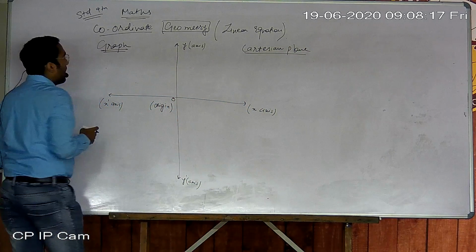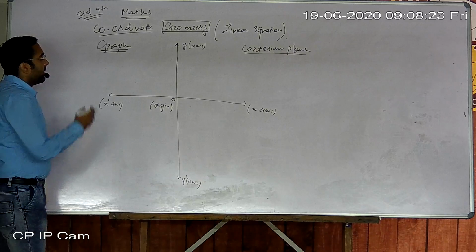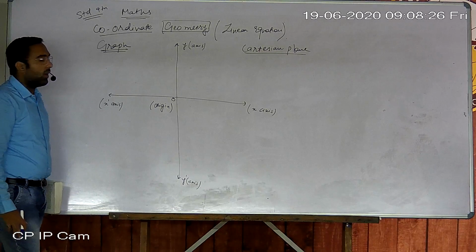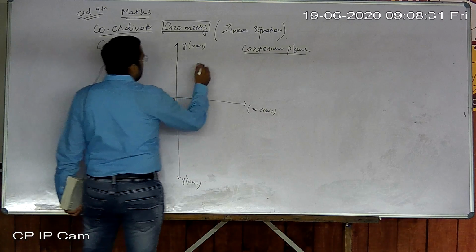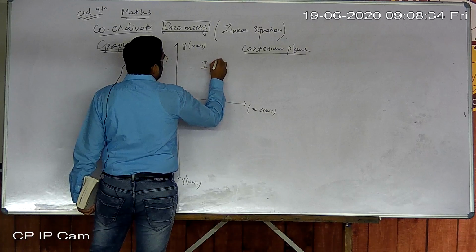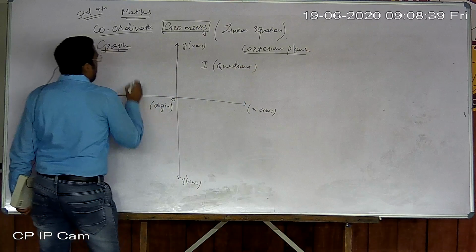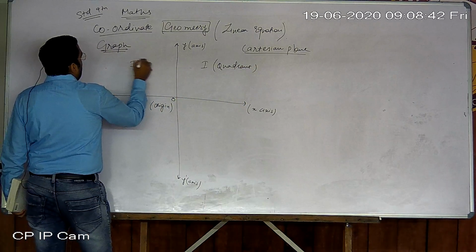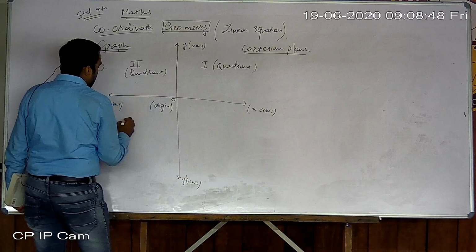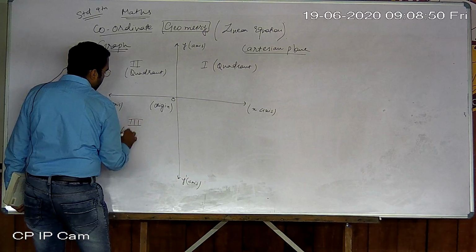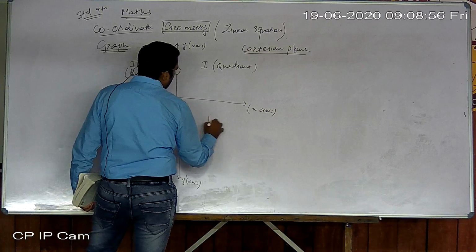Now the Cartesian plane is divided by the x-axis and y-axis into 4 parts. The first part is called the first quadrant. The second part is called the second quadrant. This is my third quadrant. And this is my fourth quadrant.